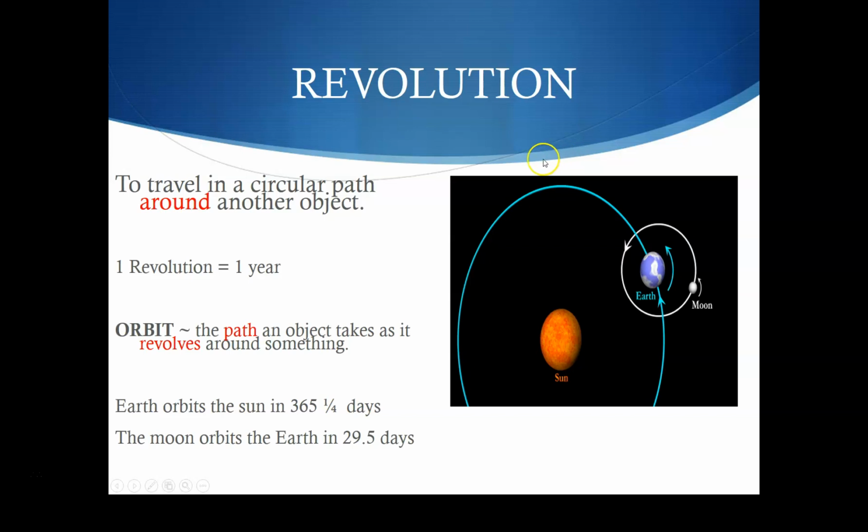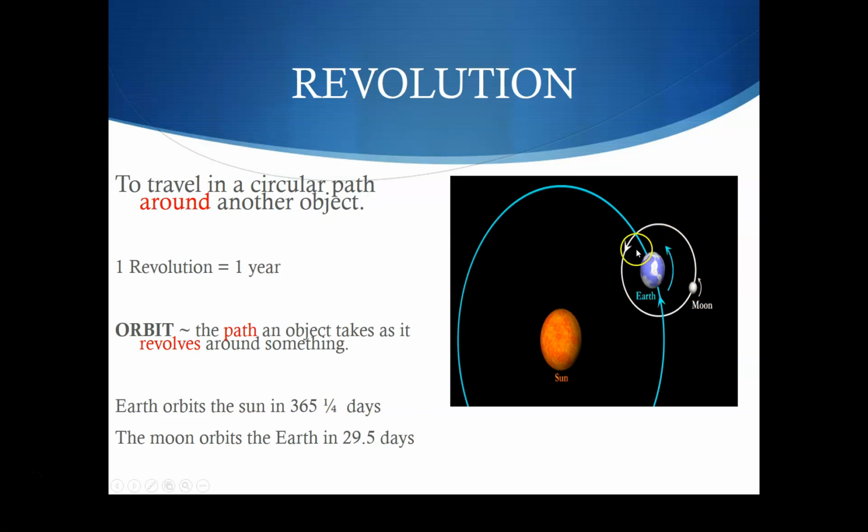Next is revolution. The term revolution means to travel in a circular path around another object. The Earth is going to revolve around the sun, and it takes the Earth 365 days to make one complete circle, or revolution, around the sun. You might have a better idea in terms of the moon.